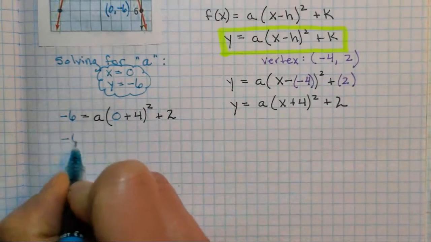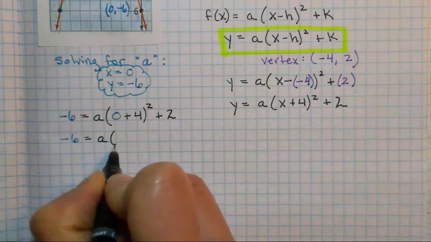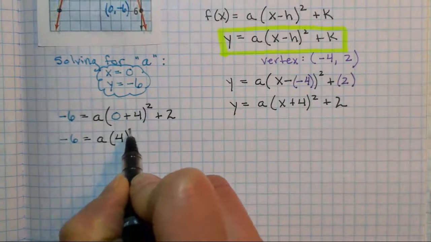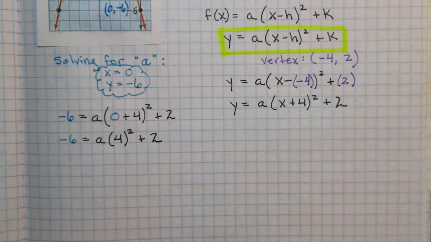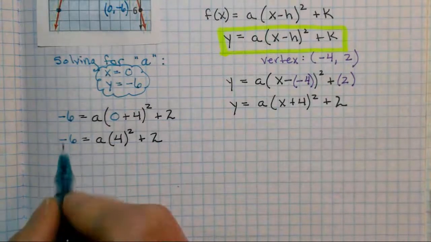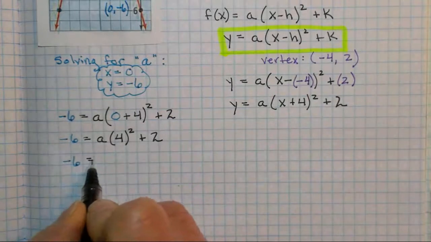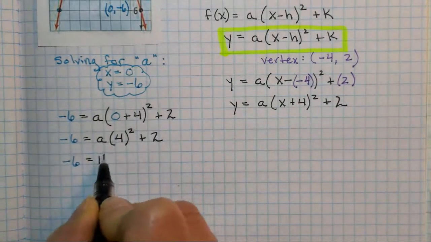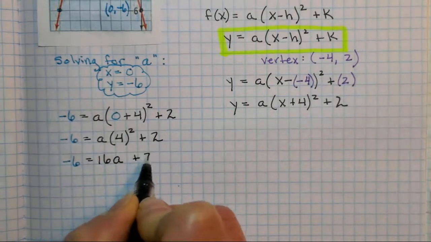So I have -6 is equal to A times, well, 0 plus 4 is just 4, and that's all squared, plus 2. So then I have -6 is equal to, well, this is 16 times A, so I'm going to put 16 times A plus 2.